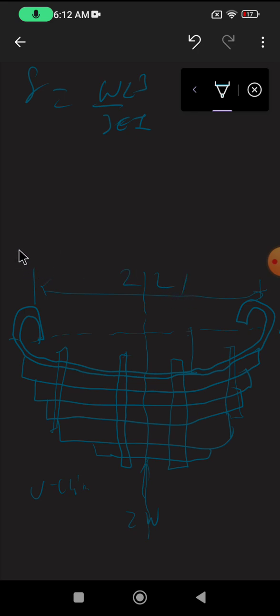Here the W load is applied, and here the W load is applied. So this is the main construction of the leaf spring. We'll see more about this in the next upcoming lecture.